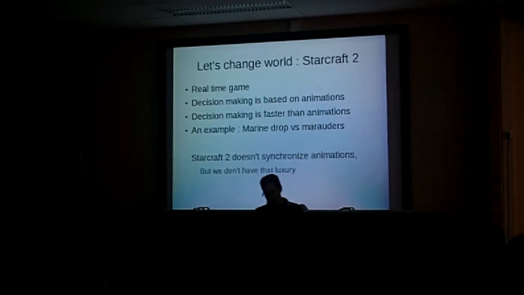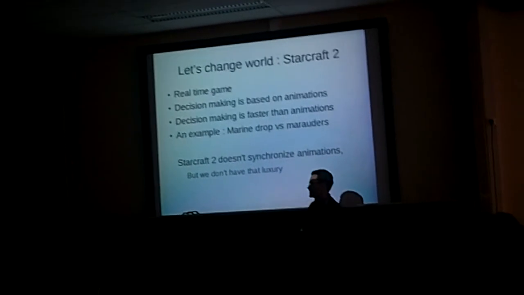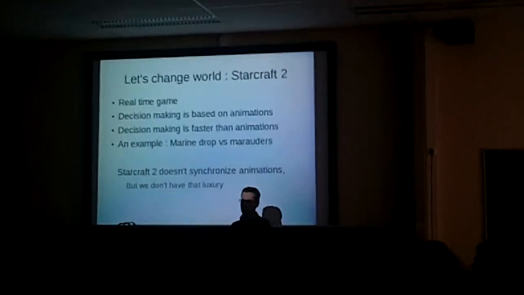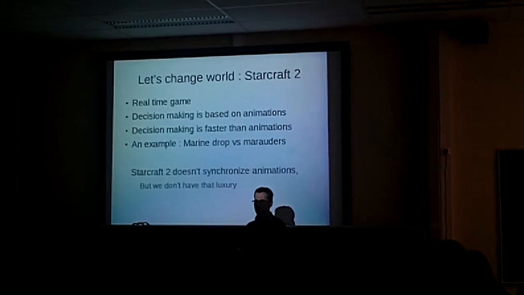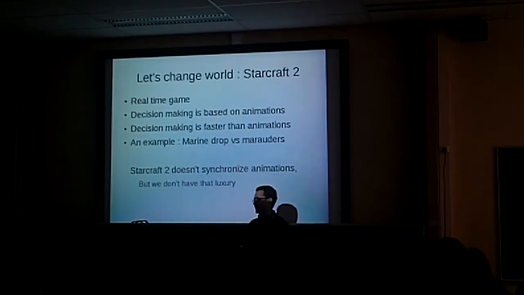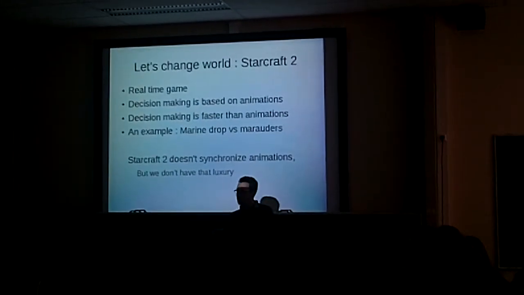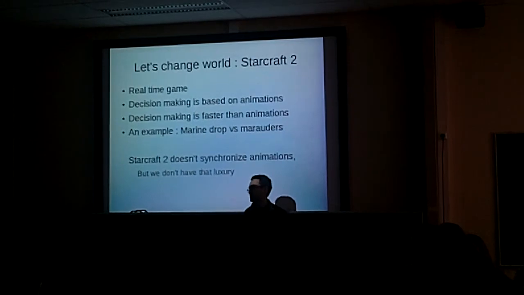And a top level StarCraft player has like 300 effective actions per minute. That goes to real clicks at around 100, 150 clicks per minute. So what that means is that when you have this grenade flying, during the time the grenade flies, the player has taken multiple decisions.